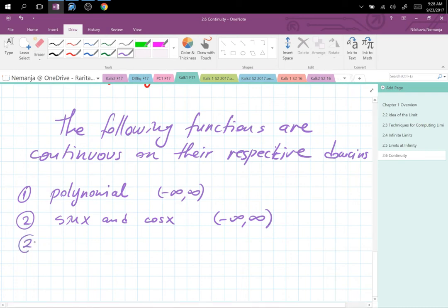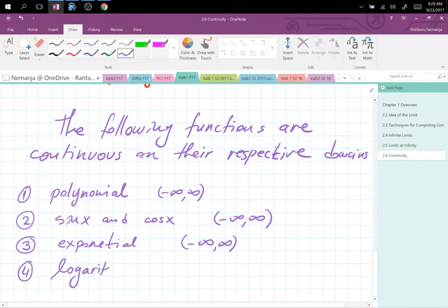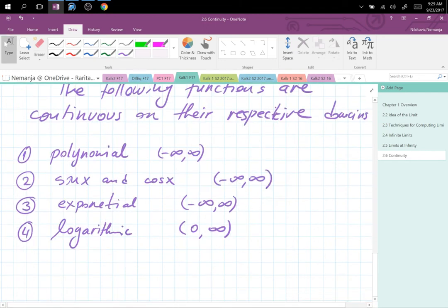Number 3, exponential function, right? Again, negative infinity to positive infinity. Number 4, logarithmic. This one goes from 0 to infinity.